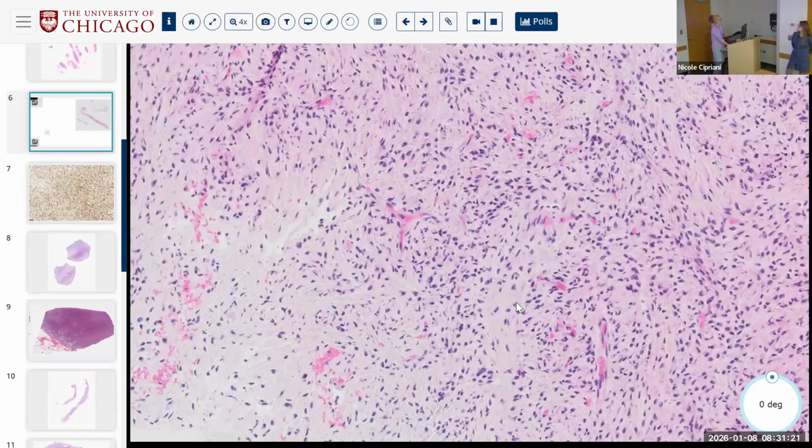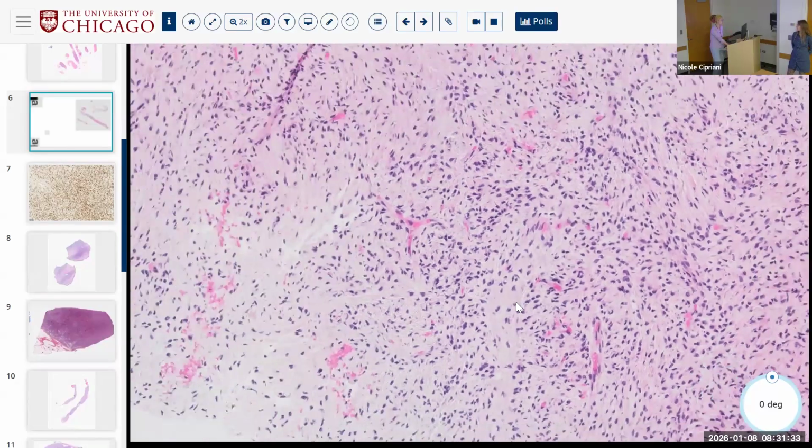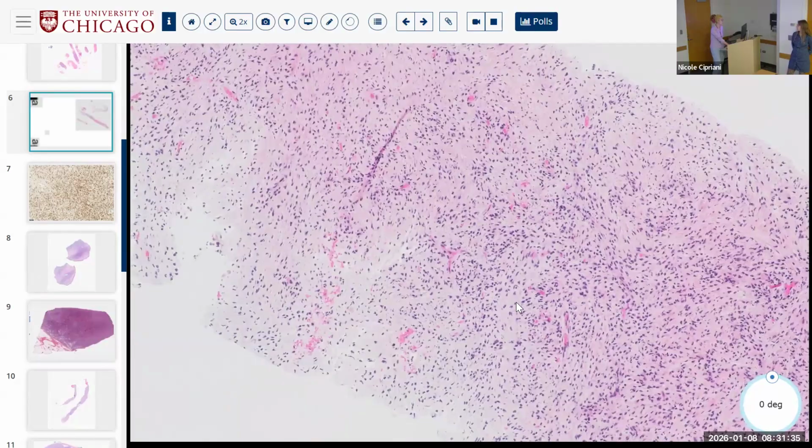For the fibroblast bucket, if benign, I'm thinking nodular fasciitis. Low grade can be low grade fibromyxoid sarcoma, which can look like this. And some benign nerve sheath tumors can also look like this.